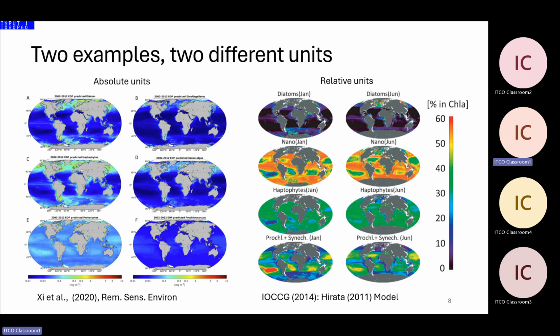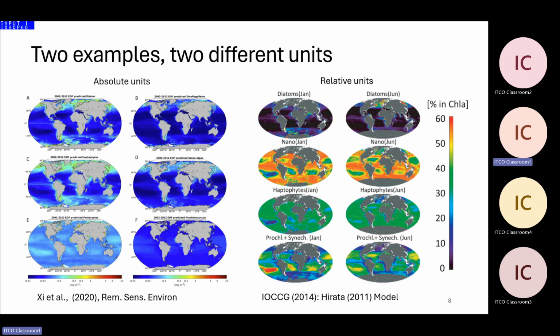On the right-hand side, we're looking at a different model, a different approach, using relative units: the proportion in relative terms of the total chlorophyll, in percent. Just to give you an idea that visualizing that data can be done in different ways.